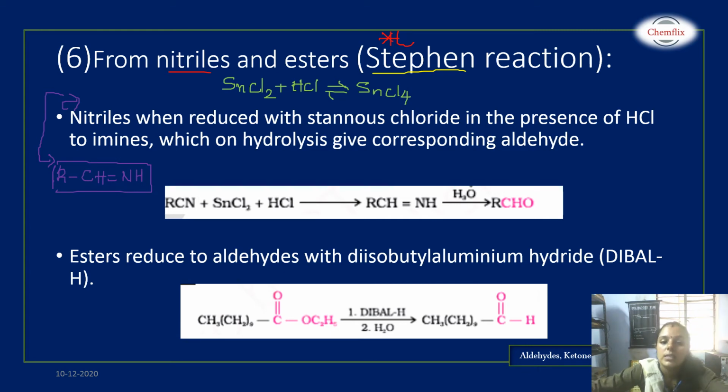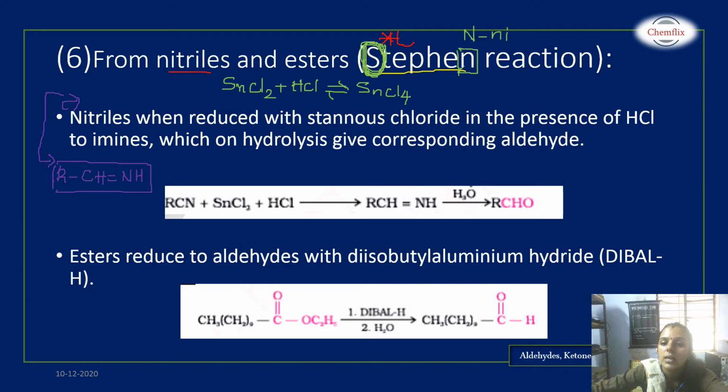Now the trick: what does Stephen's reaction start with? It starts with the alphabet S. So you have to think about stannous chloride here. You have to compare the Stephen with stannous chloride. So the reagent is stannous chloride in the presence of HCl. In the end portion of Stephen you can see N, and this N is for nitrile.